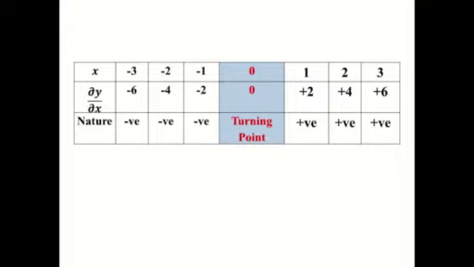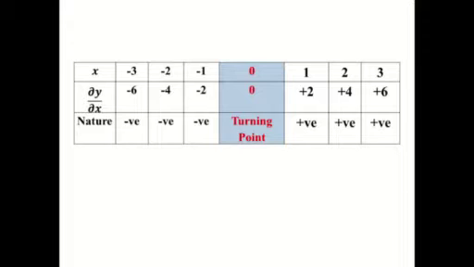For example, the nature of the gradient when the point is -3 is negative, and when the point is -2, it's also negative. Then the nature here is negative. The nature here cannot be described as positive or negative, because we don't have a positive 0 or negative 0. Then the nature here is positive, and the nature here is positive. So our gradient is moving from negative to positive.